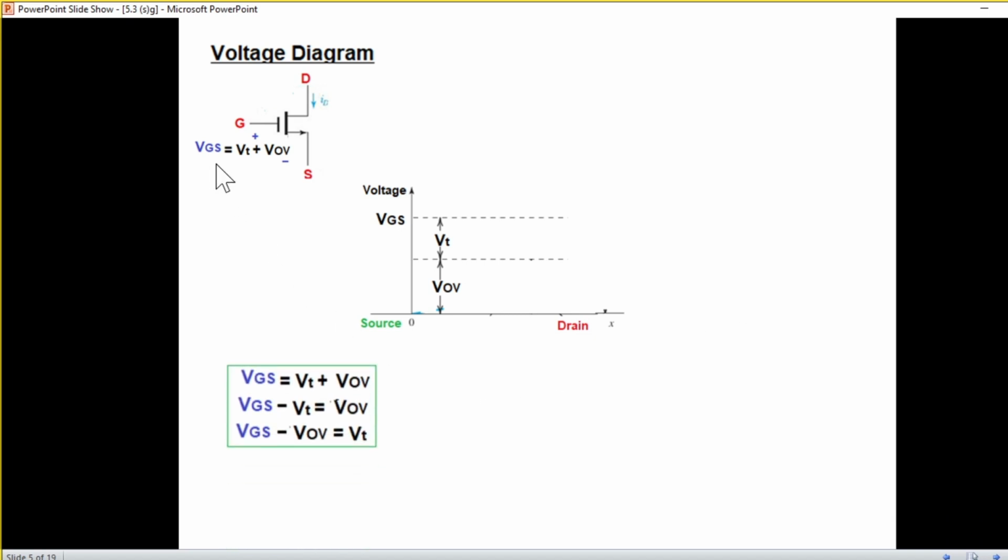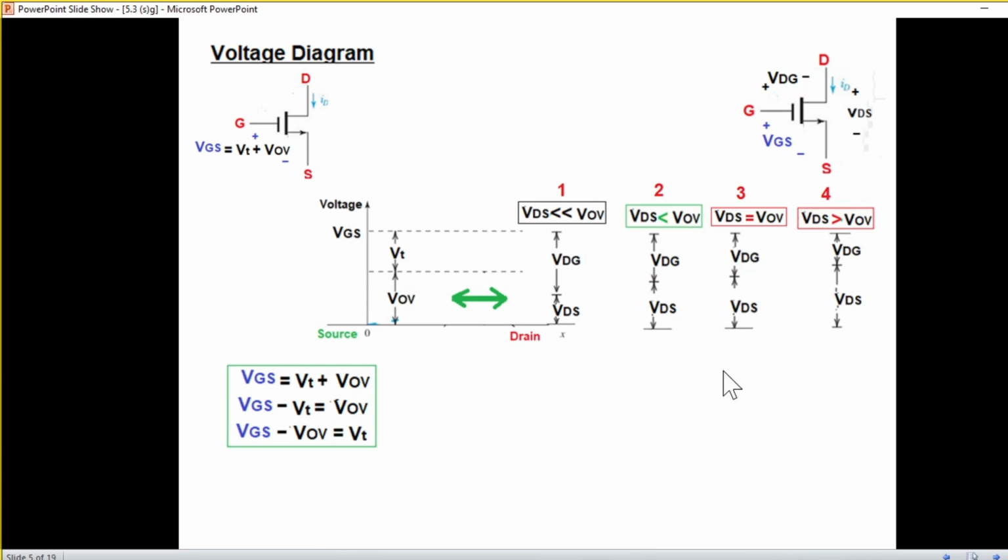And this can be written several ways. This was the original equation. From here you can write VG minus VT is equal to VOV, or VGS minus VOV is equal to VT. Now, this was the left hand side. On the right hand side, we'll write the VDG and VDS voltages, that is gate to drain and drain to source voltages.